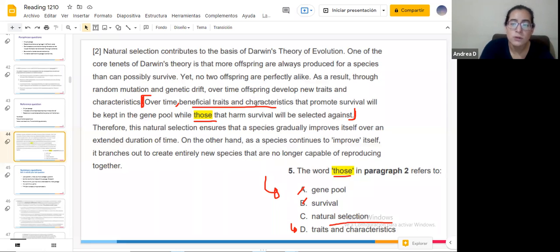So traits and characteristics is the subject of the sentence, the thing that we're talking about. So what will be kept in the gene pool? Traits and characteristics. What will be selected against? The same thing, those that harm. I don't know if it's making sense, but just think of what the subject is, what the thing that we're talking about is. So the beneficial traits and characteristics will be kept, and those that are harmful traits and characteristics will be eliminated or selected against.